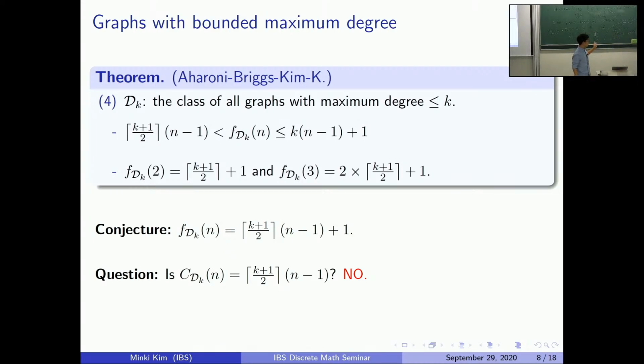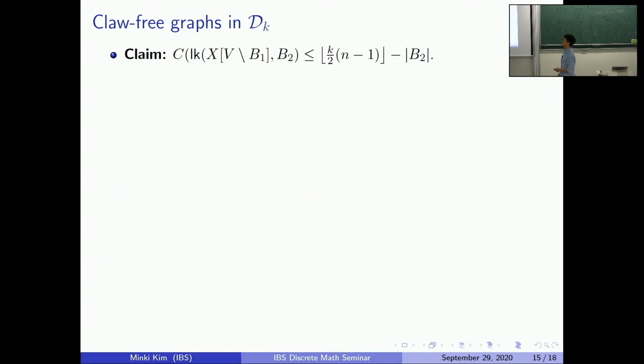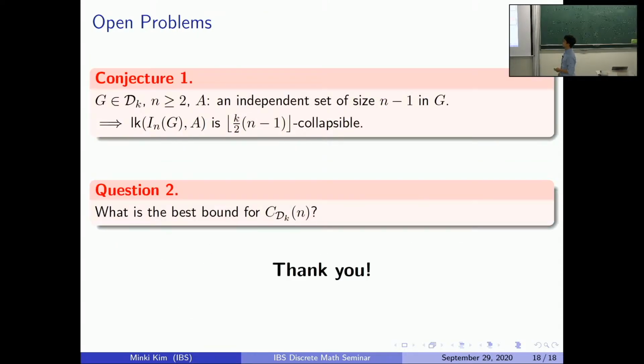But it's also smaller than the bound from the k-colorable graphs, because that gives us 3n, but this is far from 3n. It's closer to 2n. So I wonder what is the best bound for C_n for this graph class. And this is the end of my talk. Thank you.